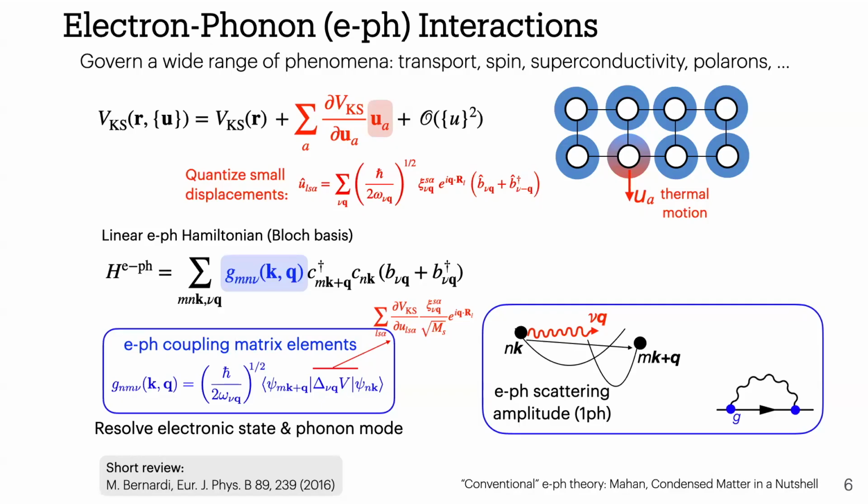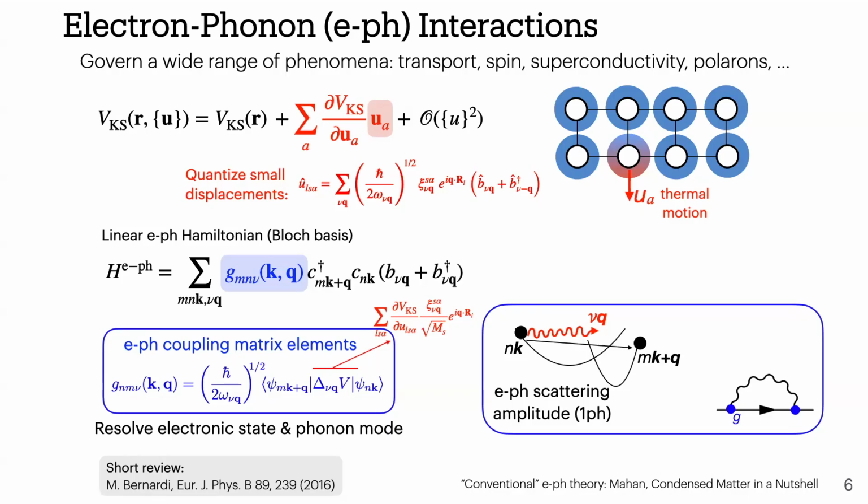If you quantize the small atomic displacements and you express them as a sum of normal modes, aka phonons, then this perturbation, which is shown here in red, gives rise to this linear electron-phonon coupling Hamiltonian.